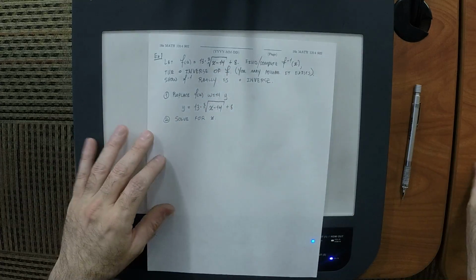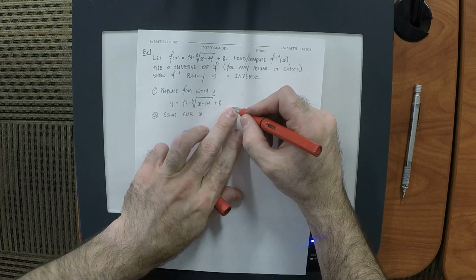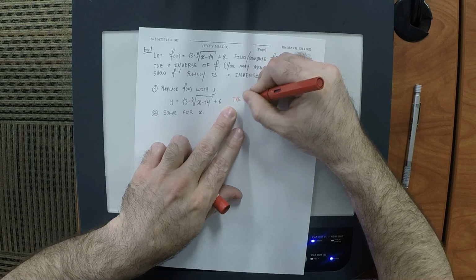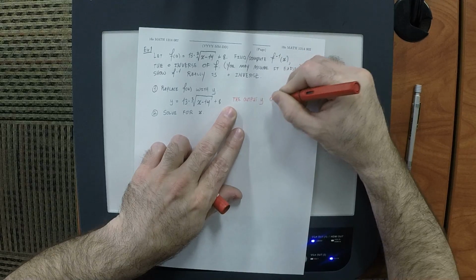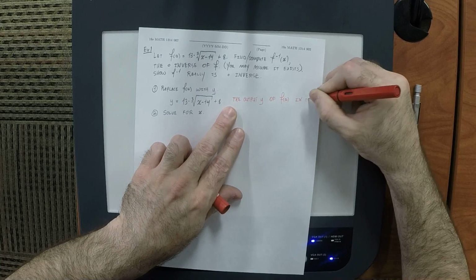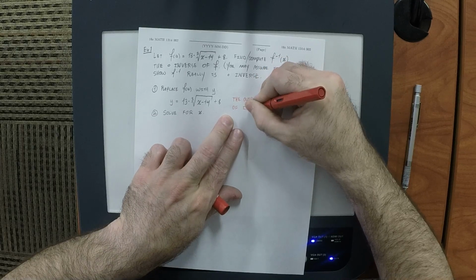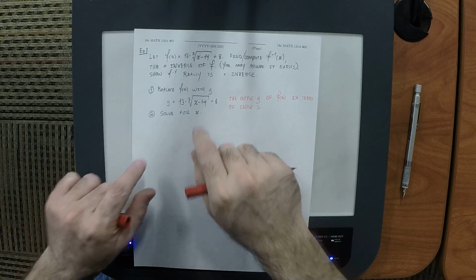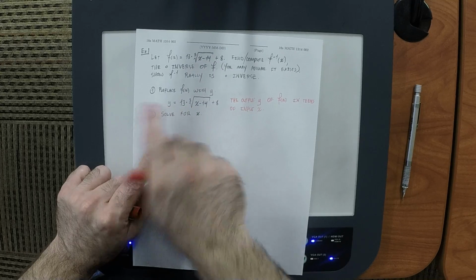Now, conceptually, what I want you to see is that what this represents right here is the output y of f of x in terms of the input x. So what we're saying is that if your input is x, you're going to use this formula to make the output y.